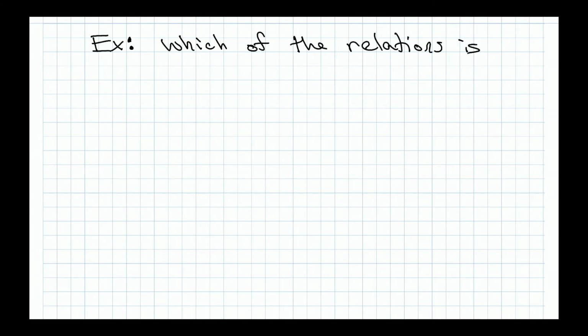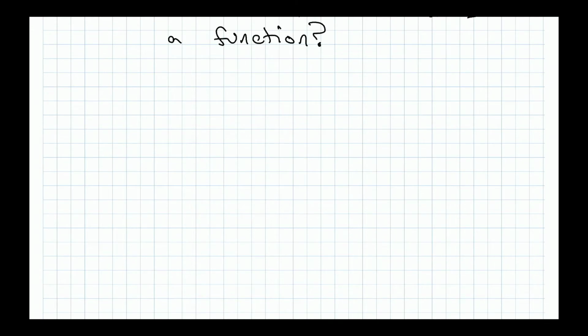So the way you're going to see that in terms of examples, which of the relations is a function? All right, I'm gonna give you just two of them to pick from. So my first one is gonna be curly braces, 1, 3, 2, 4, 3, 3.